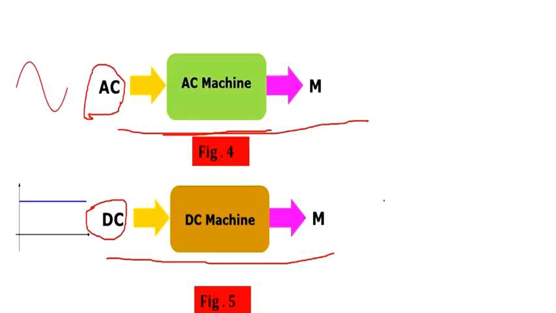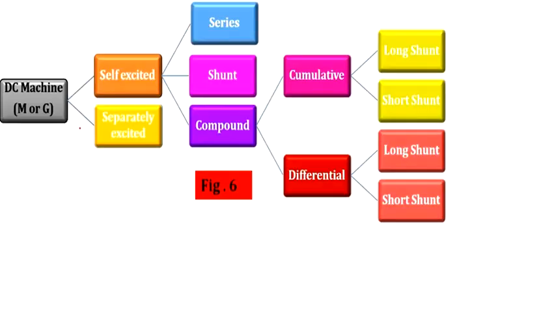And if it is a generator, it is generating electricity. If the generated electricity is AC, alternating current, then it is called an AC machine: AC generators, alternators, synchronous generators. And if we are generating DC supply, it will be a DC generator. Our point of interest here is DC machines, since the course is DC Machines and Transformers, right?